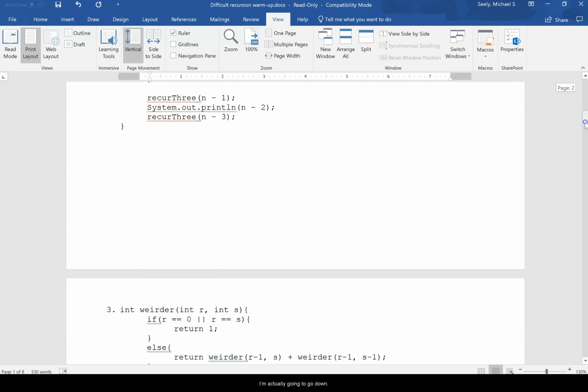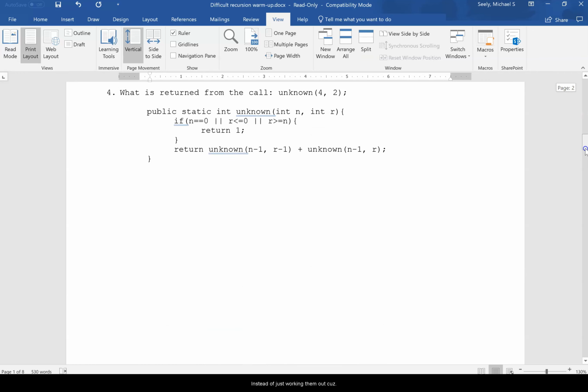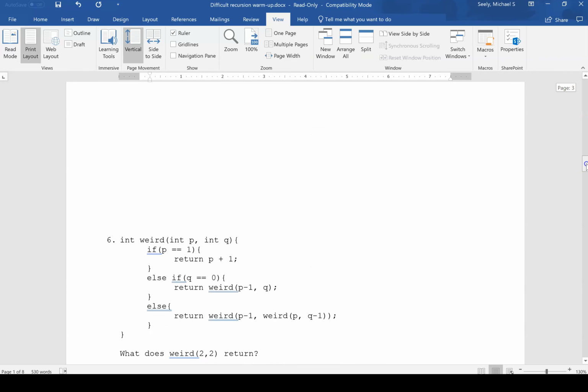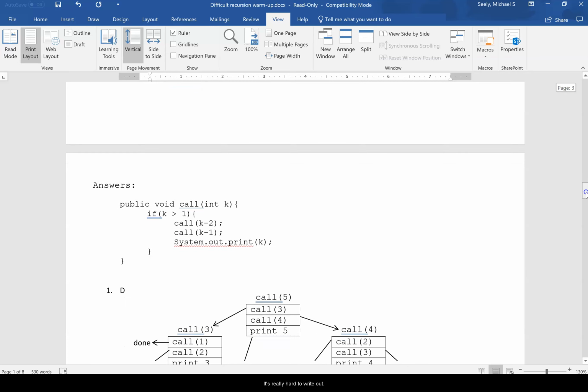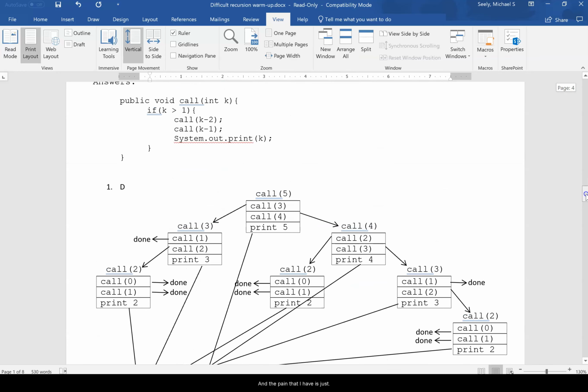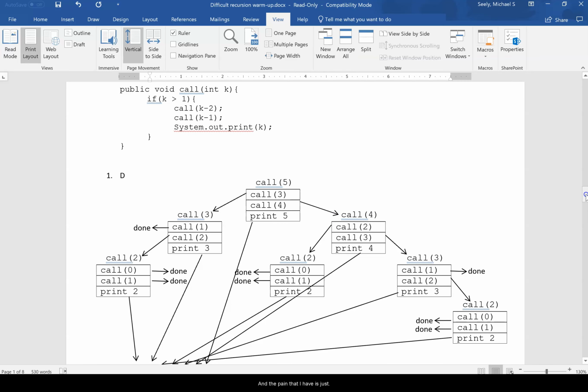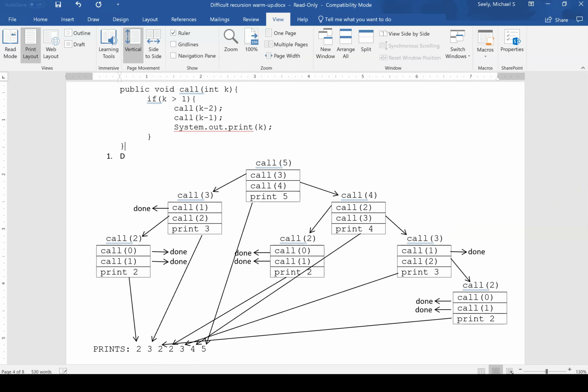I'm actually going to go down the answers instead of just working them out, because these are fairly hard to write out, and the pen that I have is just really awful on the computer. So instead, I'll walk through with you how I got the answers, okay?